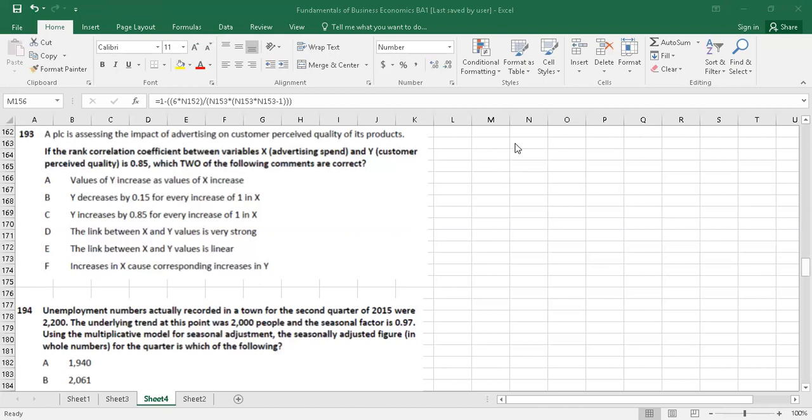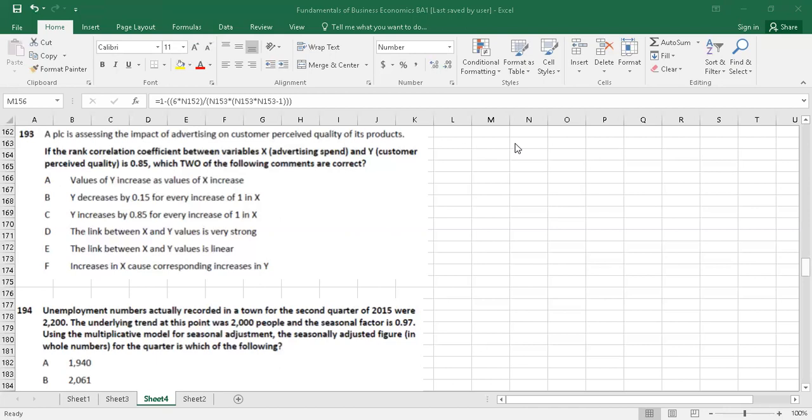D says the link between X and Y values is very strong. Yes, it is strong, because it is closer to plus 1. Then, the link between X and Y values is linear. If it was linear, it would be a straight line.